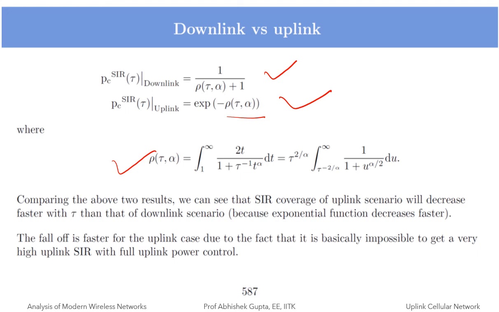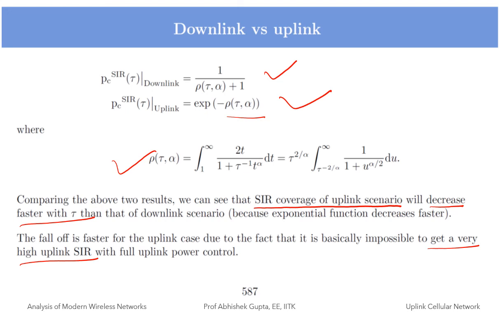If we compare this, what we can find is that exponential goes way faster. It means the SIR coverage of the uplink scenario will decrease faster with tau than the downlink counterpart. And the reason is that in the uplink case, because of the power control, you cannot get very high uplink SIR, because if you are in a very good condition, you will try to reduce your power.